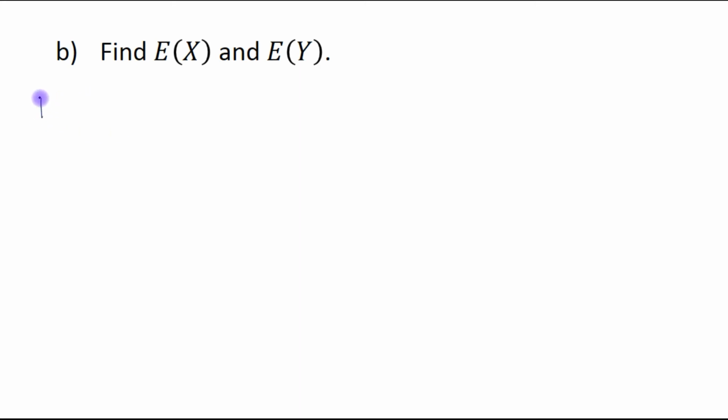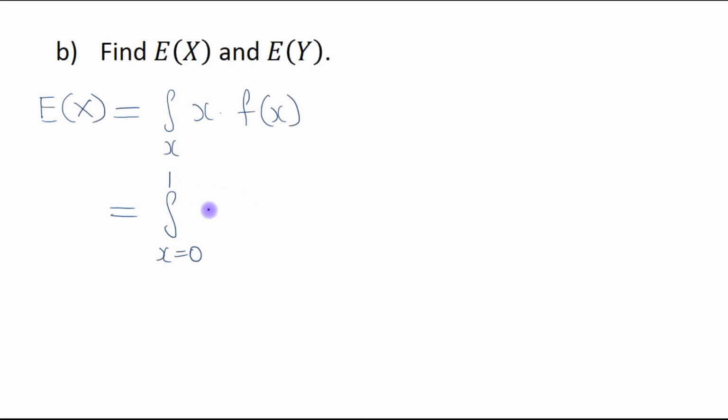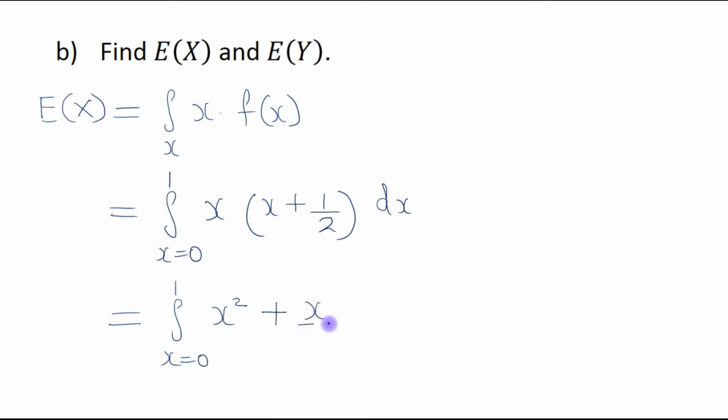So let's first calculate E x. F x was x plus 1 upon 2, this will become x square plus x upon 2, and this will be x cube upon 3 plus x square upon 4.